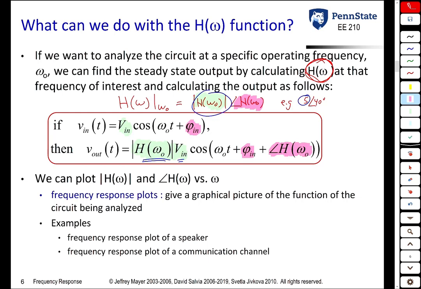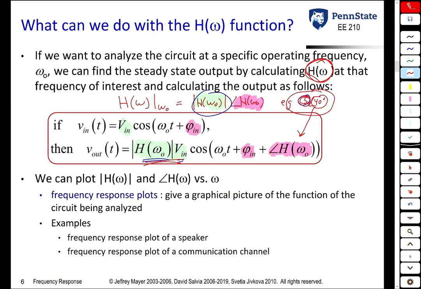So you multiply the input magnitude by the magnitude of the frequency response to get the output magnitude, and you add the input phase and the phase of the frequency response to get the output phase. In other words, this transfer function, if you evaluate it at specific frequencies and express this in polar form, it tells us how much we are transferring information from input to output, how the magnitude is adjusting and how the phase is adjusting. We'll do an example on the next page.